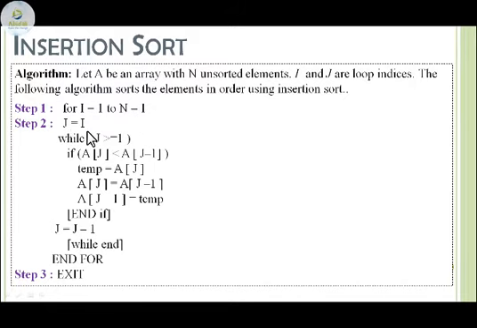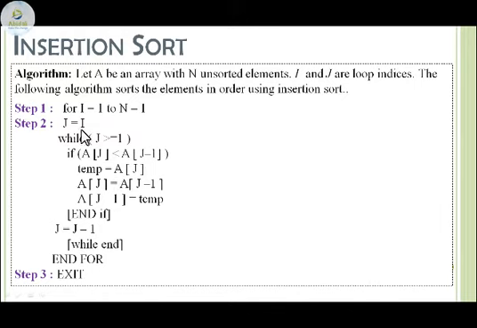Next, the value of j, where the comparison needs to be done with the sorted part, begins with the value of i. The j value, starting from i, represents the very first element in the unsorted part, and it will be compared using a loop against the sorted part.